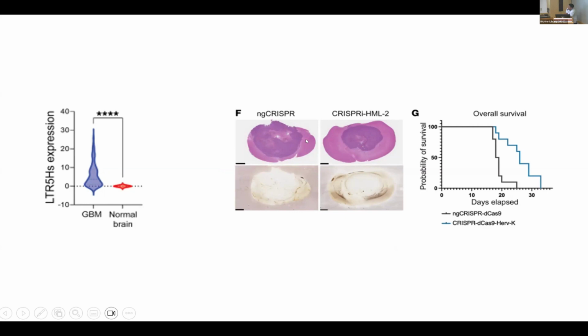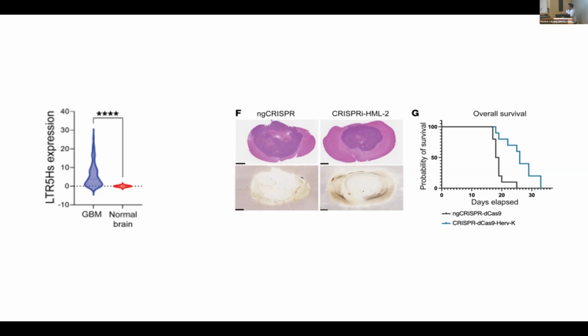And this is a figure from the paper that Ashish published last year, where he targeted a consensus sequence that is known to occur in all the HML2 loci within our genomes.